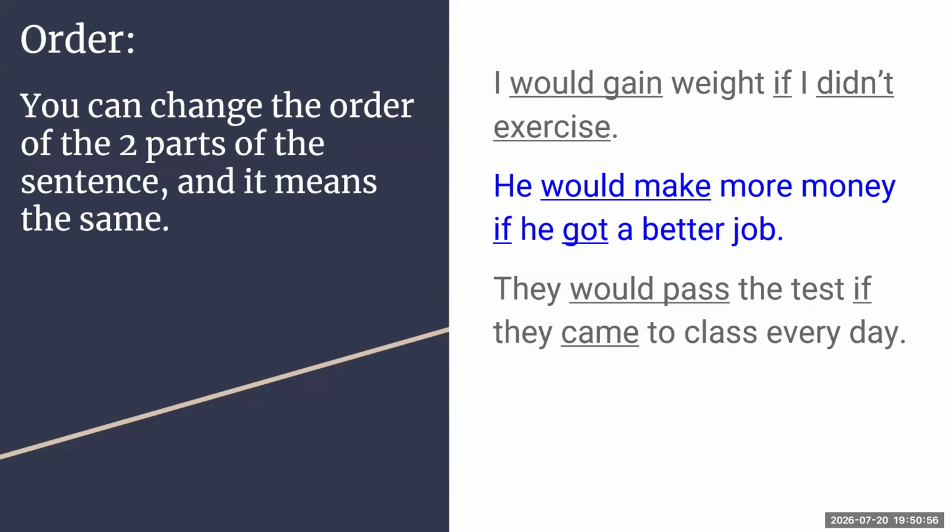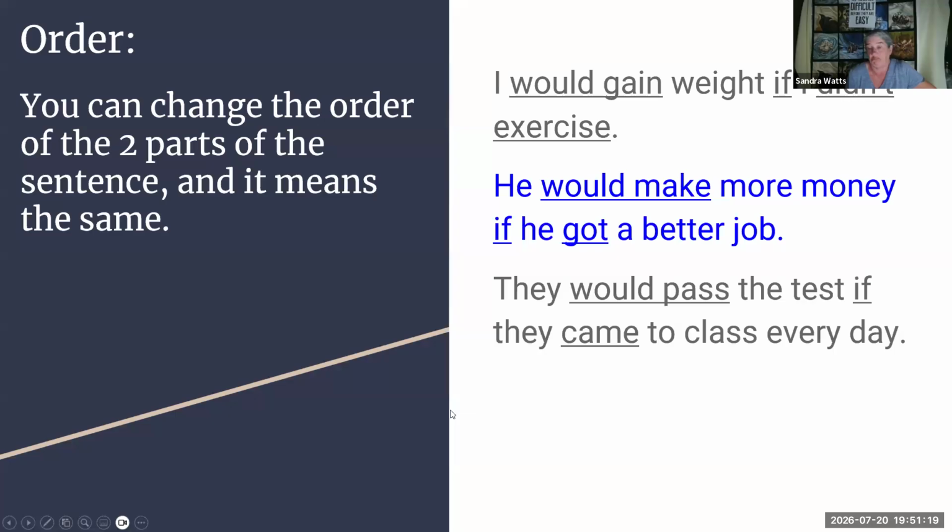You can switch the two parts, and it has the same meaning, but remember your grammar. If goes with the past, and then would goes with the verb. Okay, whichever way you want to say it is fine.